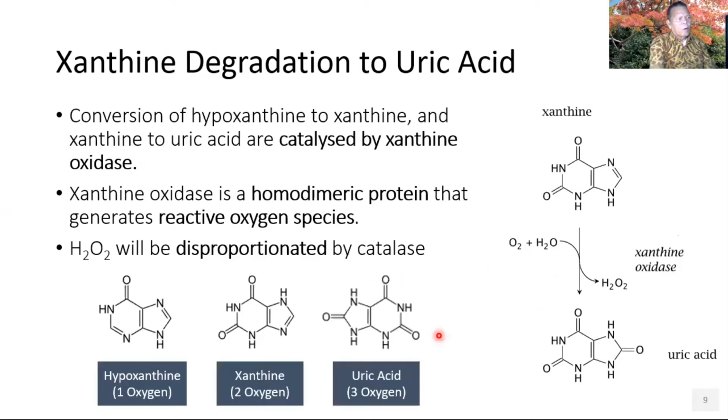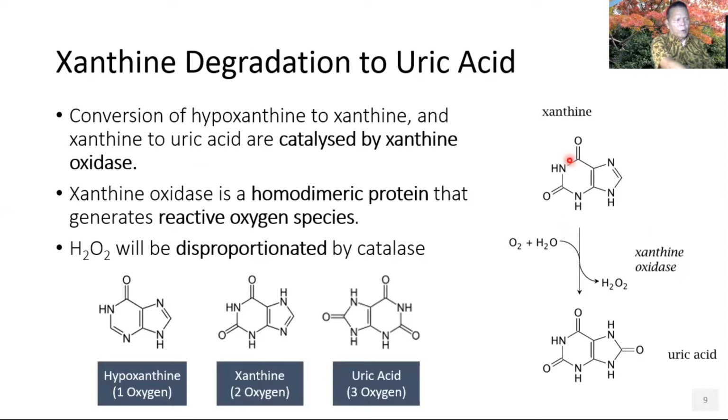Now let's move to xanthine degradation to uric acid. The conversion of hypoxanthine to xanthine and xanthine to uric acid is catalyzed by xanthine oxidase. This is xanthine.